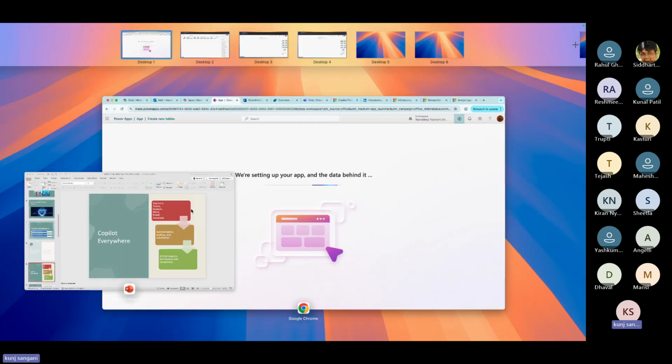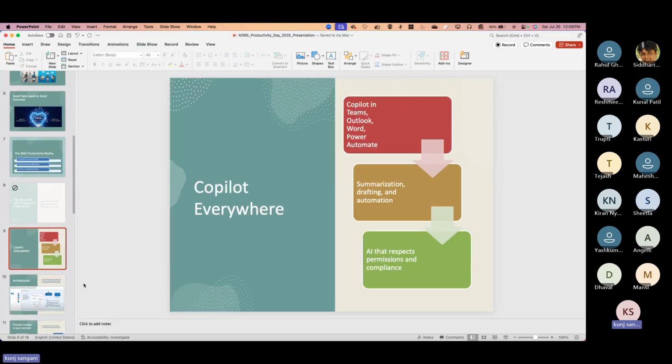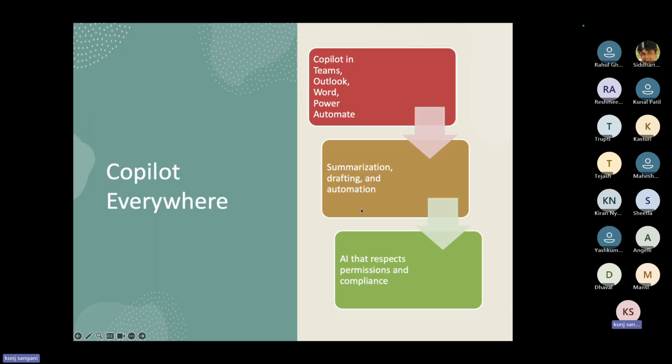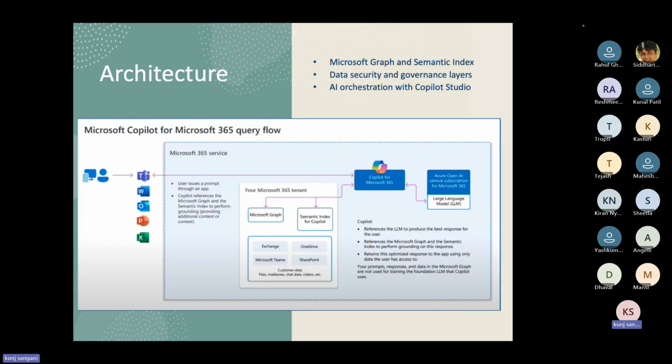Now going one step ahead. We know Copilot is everywhere in the Microsoft ecosystem. But what is the architecture? Behind the scenes, if you have a $30 license, it has your Microsoft Graph. So it would be able to understand all the data behind it.